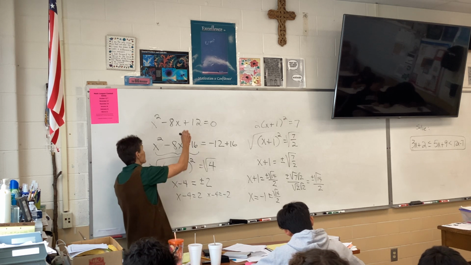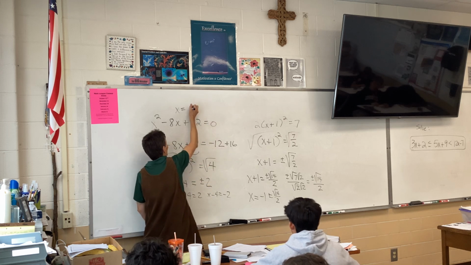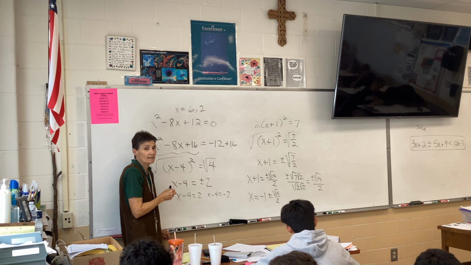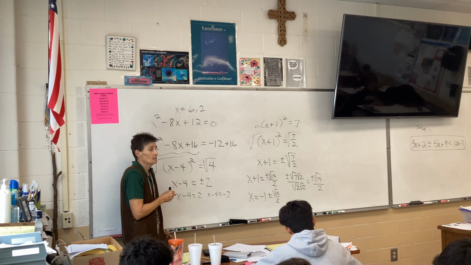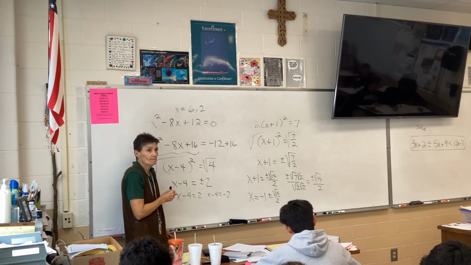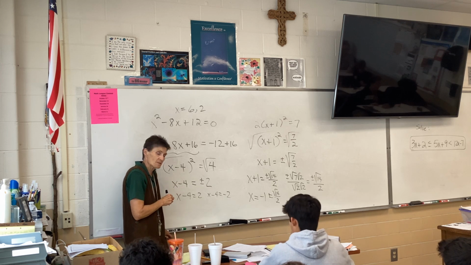So what are my answers? x equals 6 and x equals 2. Order doesn't matter. Is that okay with everybody? You can write them separately, like x equals 6 and x equals 2. Absolutely, you can.